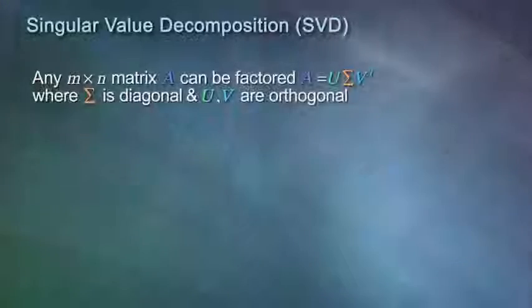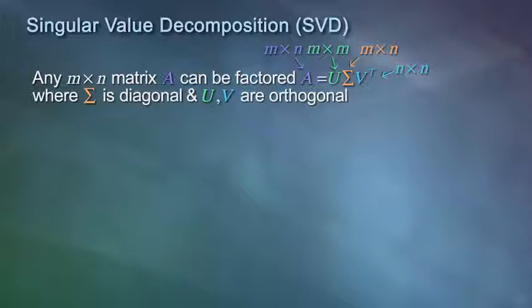This factorization is called the singular value decomposition, or SVD, and it says that any m by n matrix A can be factored as U sigma V transpose, where sigma is an m by n diagonal matrix and U and V are orthogonal matrices of size m by m and n by n, respectively.